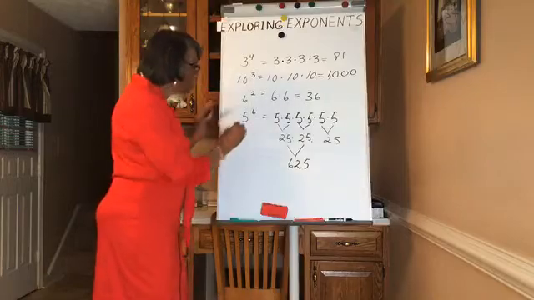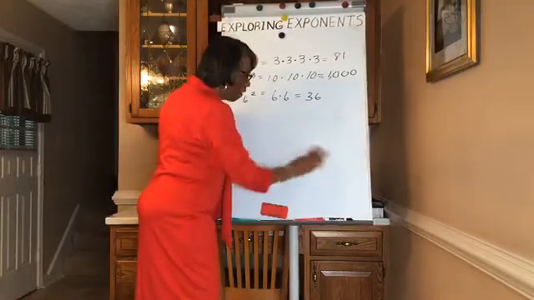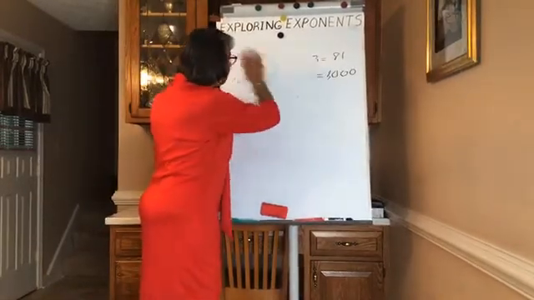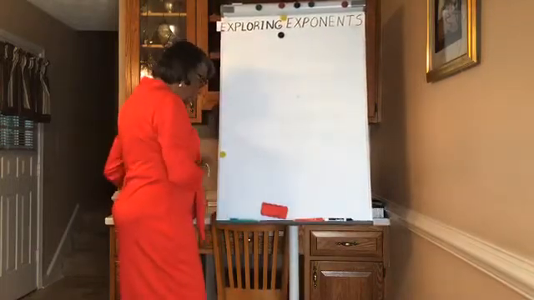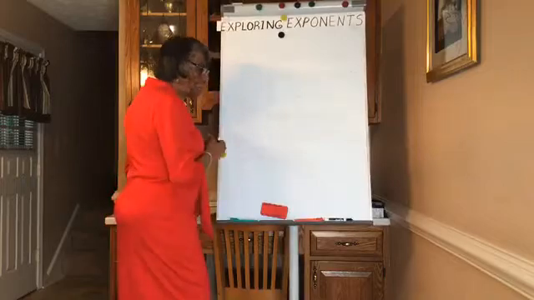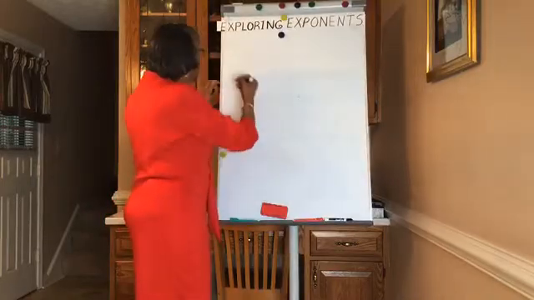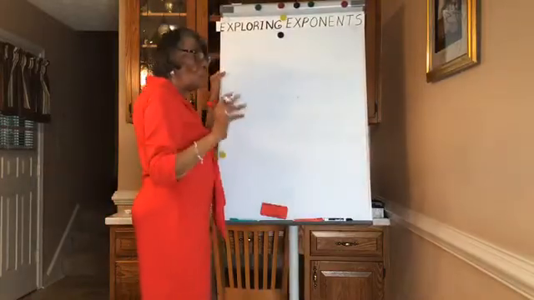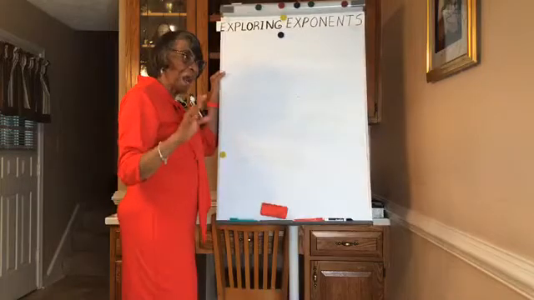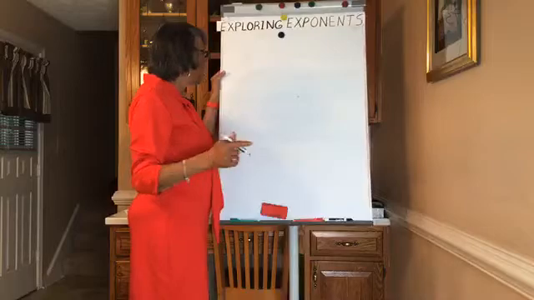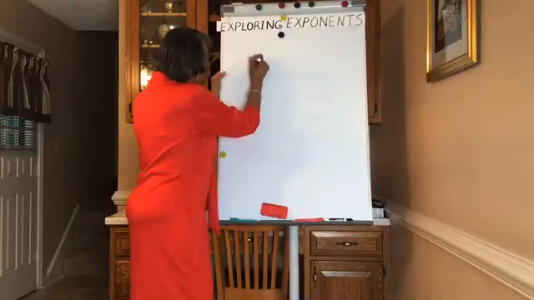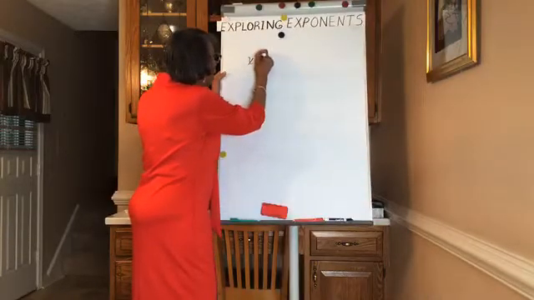All right, now let's do some variables. Okay, so now you should be able to answer this very quickly for me. Now that you know what the exponent tells you, how many times the variable is being multiplied by itself. So x to the 1st power.